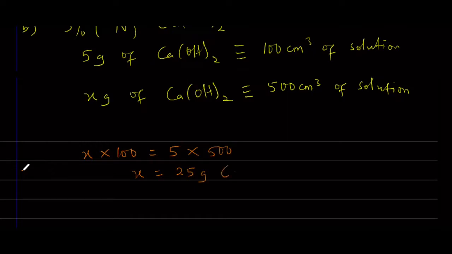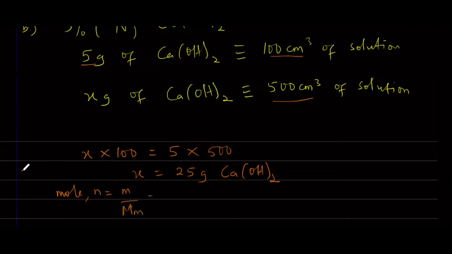of CaOH2. This simply means that if in 100 centimeter cube of the solution we have 5 gram, then in 500 centimeter cube of the solution we are going to have 25 gram. Now that I've gotten the mass, we can solve for the mole by saying mole, which is N, is equal to mass over molar mass.